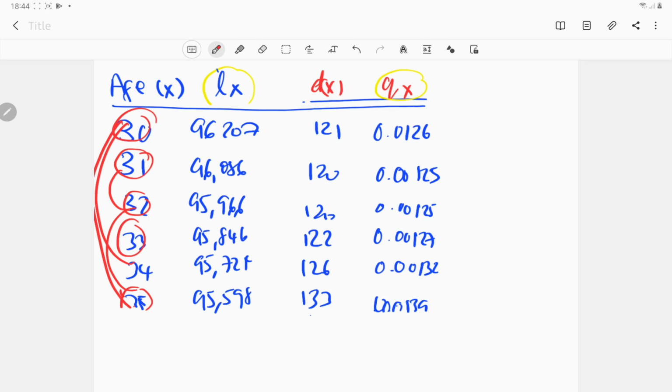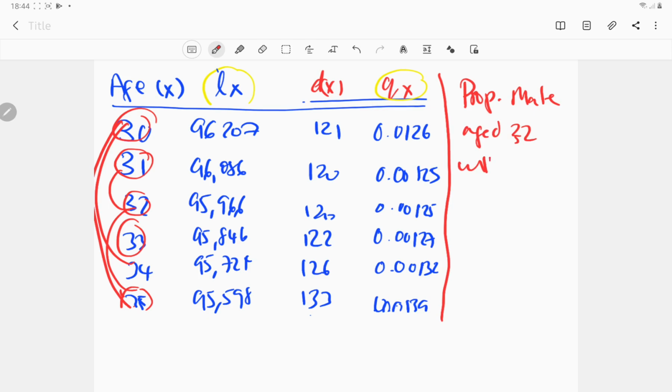Similarly, we can calculate the proportion of males now aged 32 who will die while aged 34, before the last birthday.